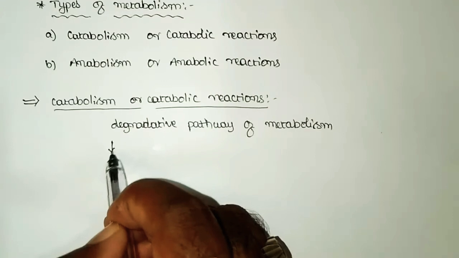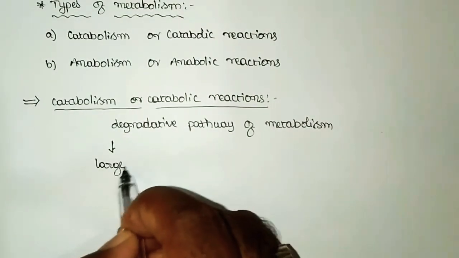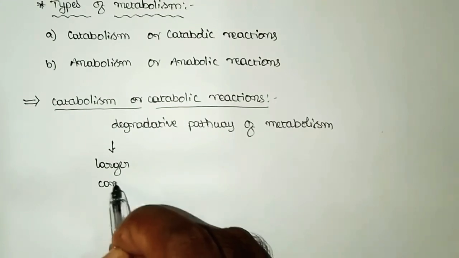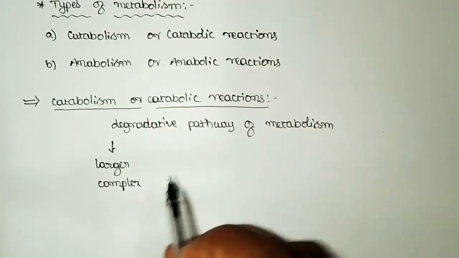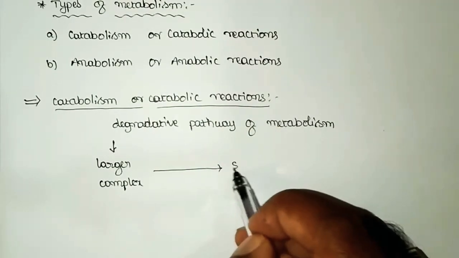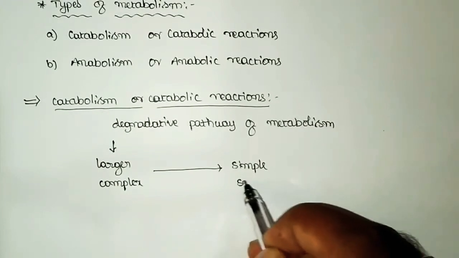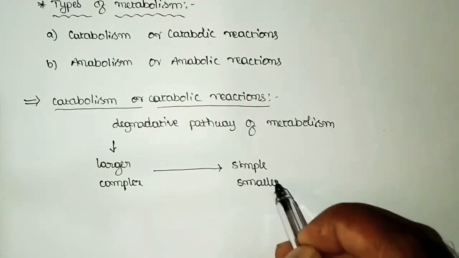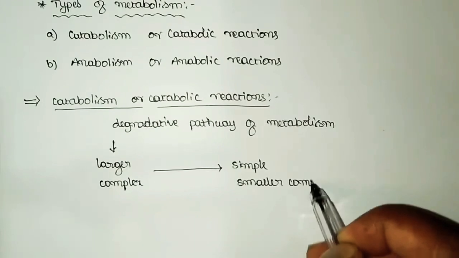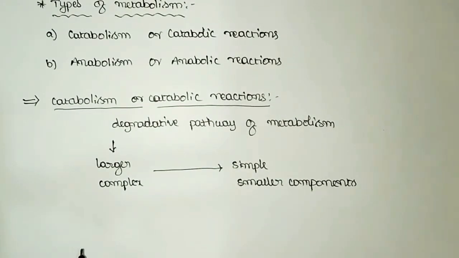So what will happen in case of catabolism? The larger or complex nutrient molecule will be degraded to give the simple or smaller components. This is the simplest way of describing catabolism.